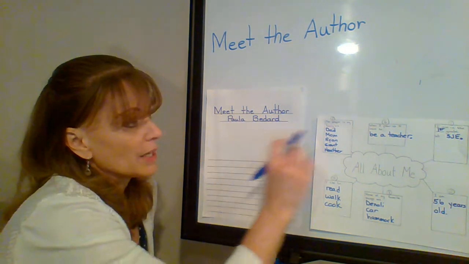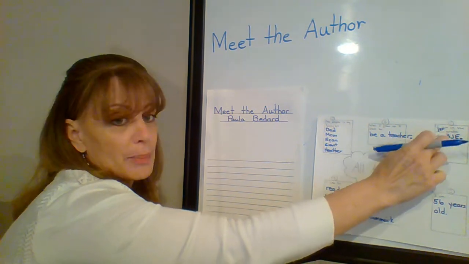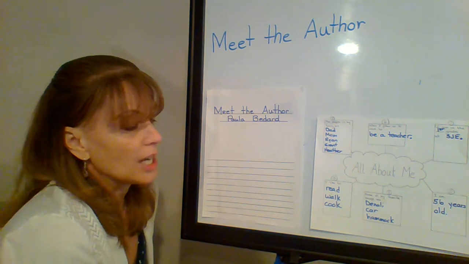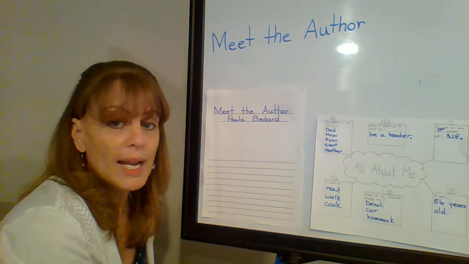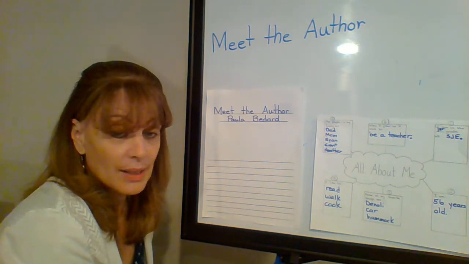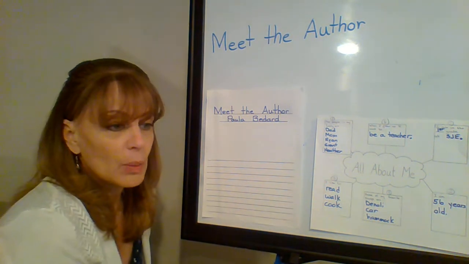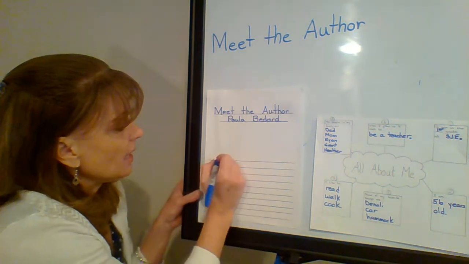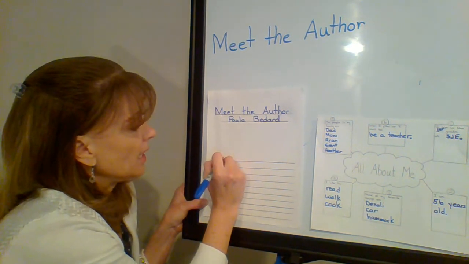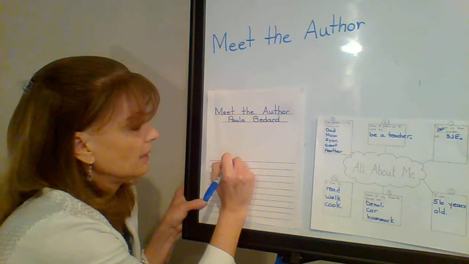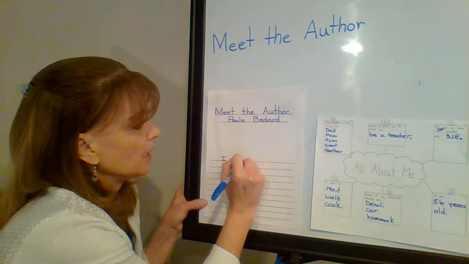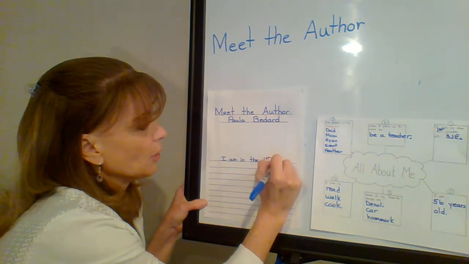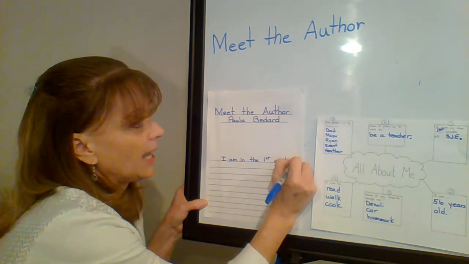So then I'm going over here and I'm looking for box number 1. And it says, I am in the 1st grade at SJE. Now we've talked before that when you write with a paragraph, you indent. So you start a little ways in. And when you read books, you notice that your books do that too. So I'm going to go like this, and I'm going to start right here, and I'm going to say, I am in the 1st grade at.